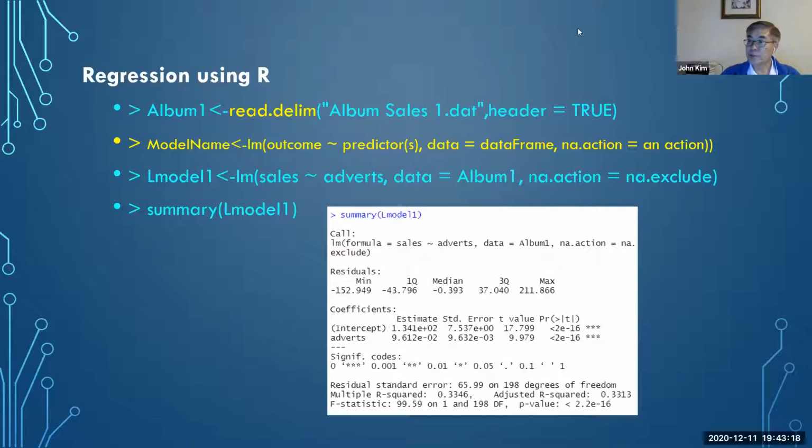So from this result, we can develop the equation, as you know. So this one is the intercept. So the equation will be y. Oops, why is it not working well? Just a moment.